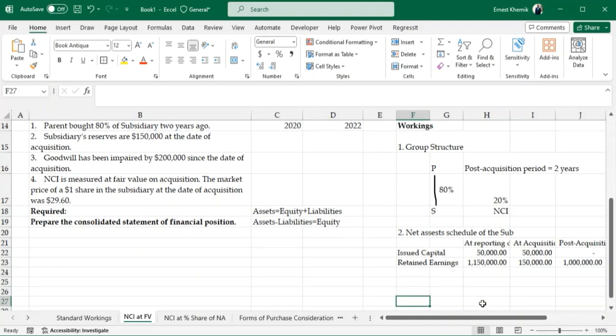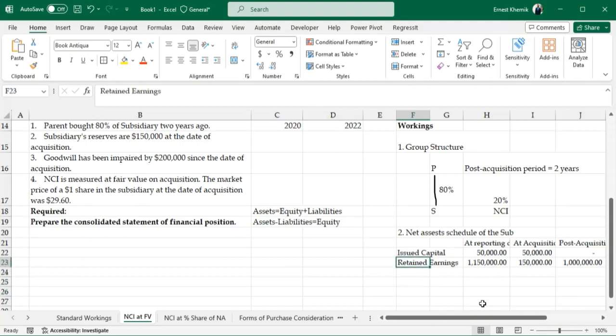Any item that will affect any of the net assets of the business, including intragroup trading, fair value adjustments on non-current assets and all that, will affect our retained earnings, so they will be treated under the net asset schedule.